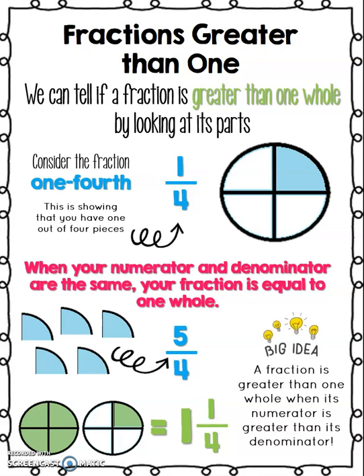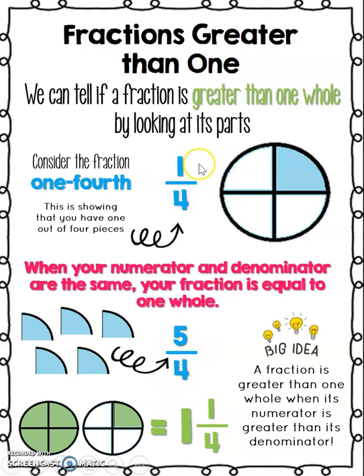And the big idea here is that our fraction becomes greater than 1 when the numerator becomes greater than the denominator. So this is called an improper fraction, which we can also rewrite as a mixed number. So be on the lookout for any fractions that have a numerator greater than a denominator.